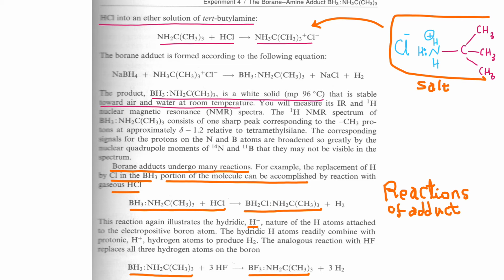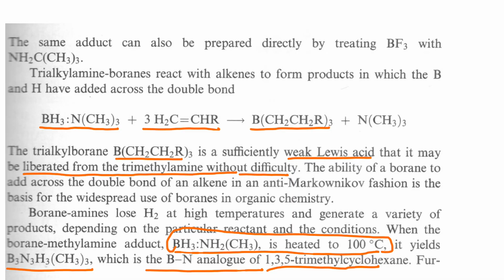Now, the adduct has some interesting properties. It reacts with HCl, it reacts with HF, and more interestingly, in this slide, it reacts with the alkenes to liberate the alkylborane and the amine.